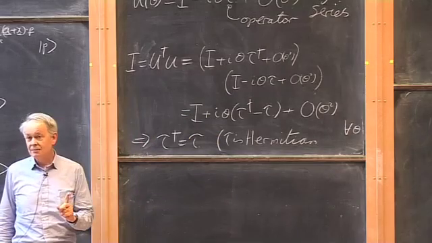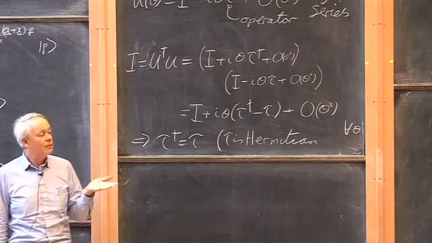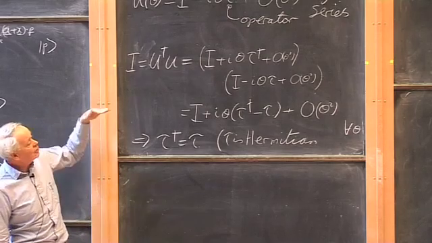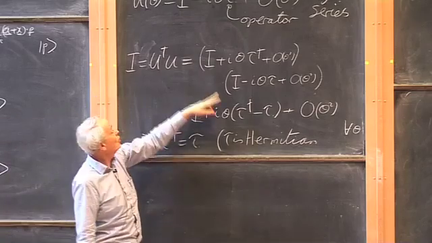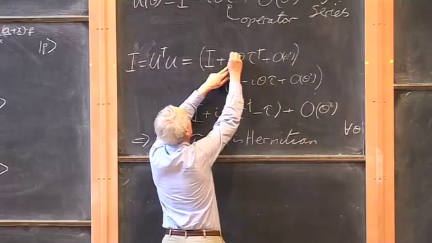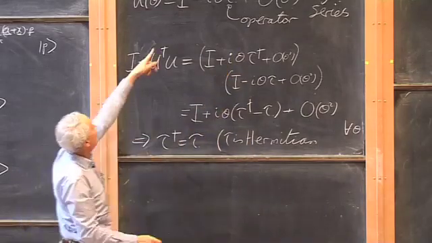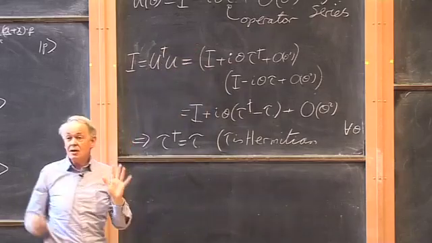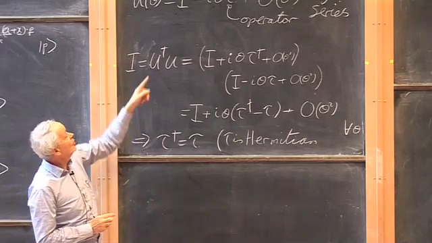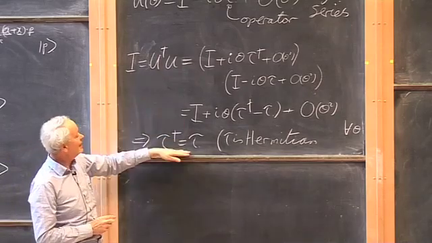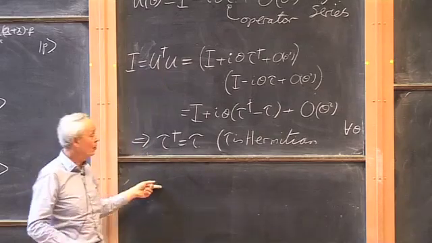Hermitian operators, we suspect, are associated with observables. So the argument here is that every such transformation is going to be associated with a Hermitian operator. And the reason this i was put in here, which was a totally gratuitous decoration, is that, looking forward, it ensures that tau is a Hermitian operator rather than an anti-Hermitian operator, which it would have been if the i had not been put in.